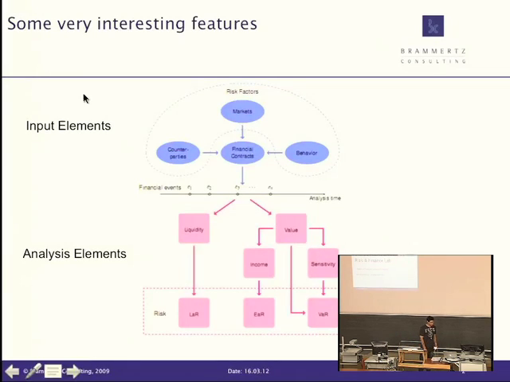So we have to distinguish between input element and analysis element. Among the 5 analysis elements, there are 3 really very basic. Most finance people think in these 3 terms, which are value, income, and liquidity.